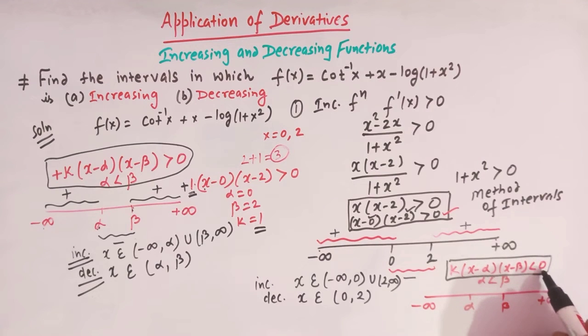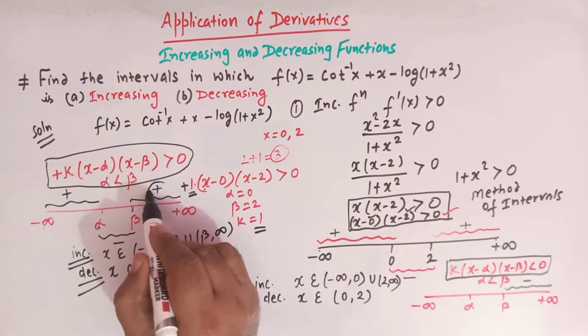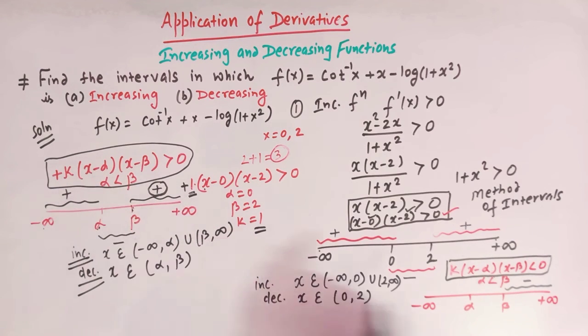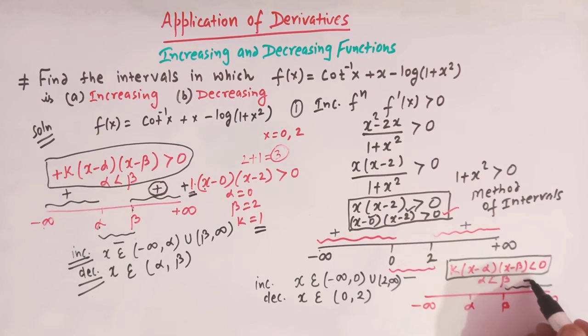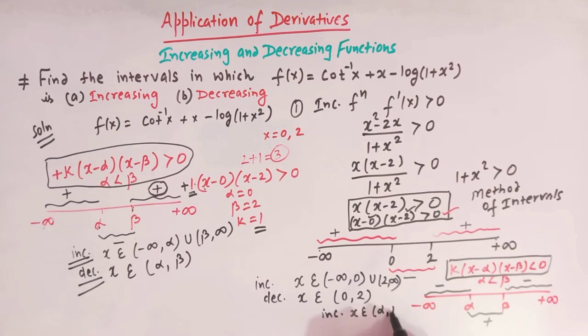So when we have less than 0, we split this real number line into 3 intervals, but in this case we'll start with negative sign. In the previous case we had started with positive sign, but here we start with negative sign, and alternatively negative, positive, negative. So if this is the case, then the function is increasing in this interval only, that is x belonging to alpha comma beta.